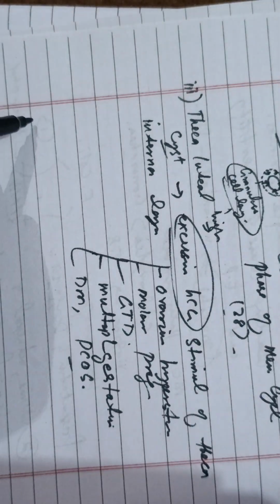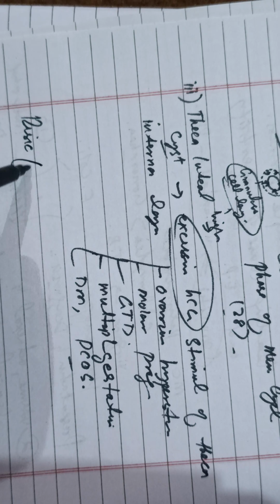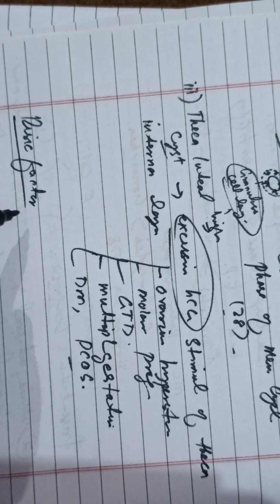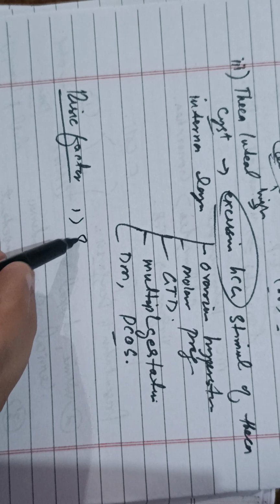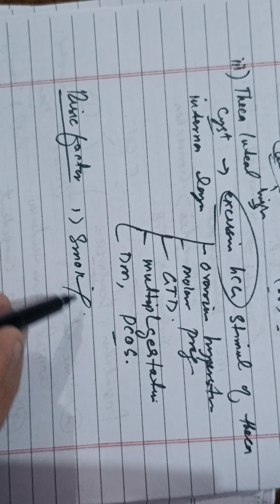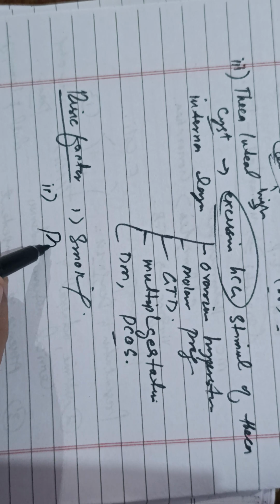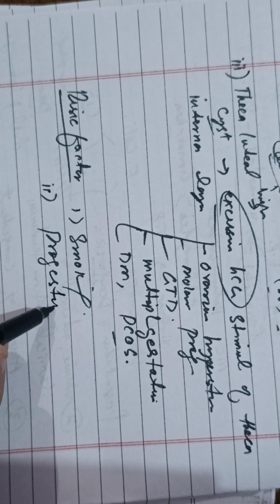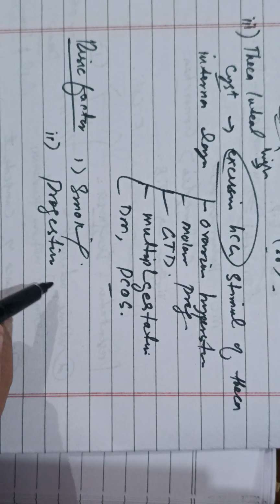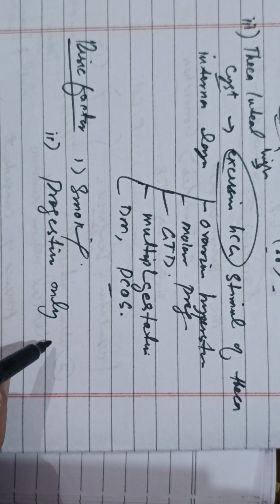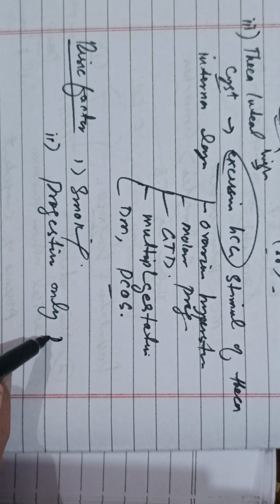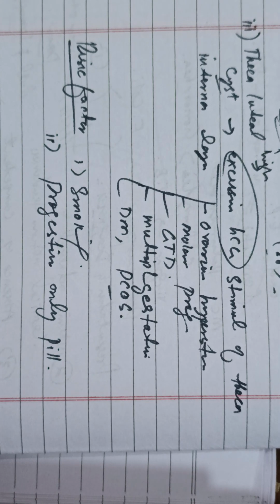What are the risk factors for ovarian cyst? One is smoking, the second one is progestin only pills. If the female patient is taking progestin only pills as contraception, then this patient will have high chances of ovarian cyst.